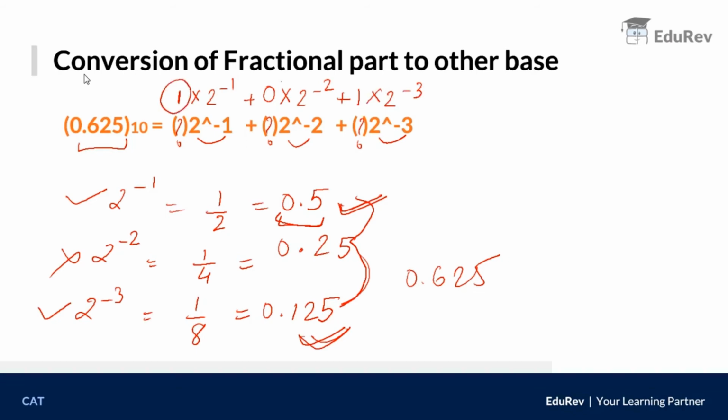We used 1, we used 0, we used 1. So our value becomes 101. But this is 0.625. So your binary value will also be 0.101 to the base 2. So in this manner, you can even convert the fractional part to any other base.